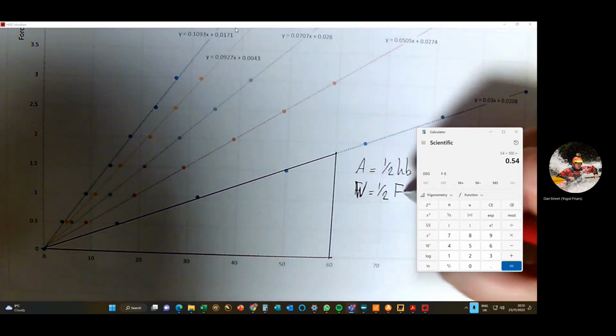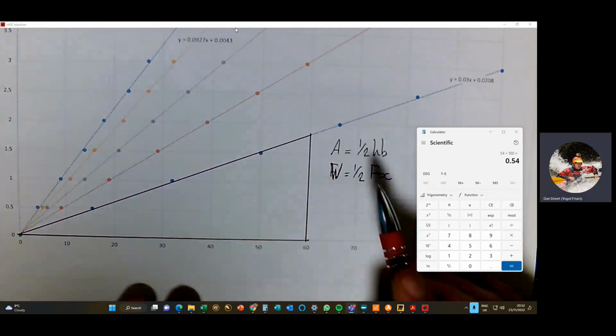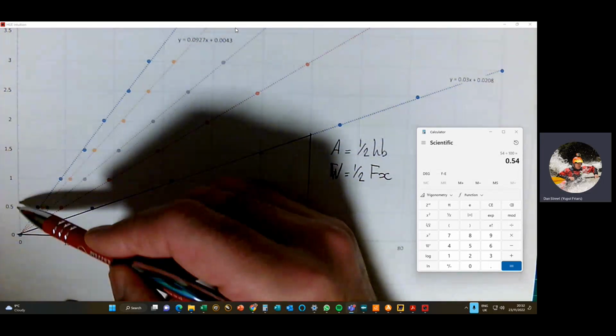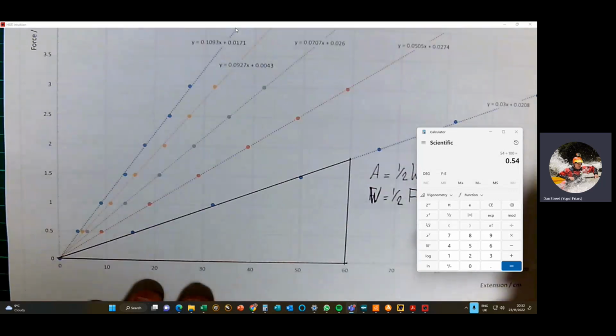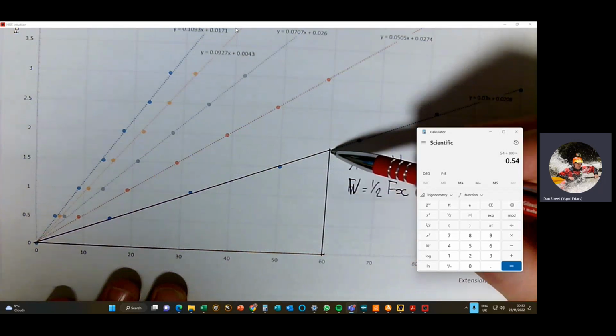Fx. So if we have a look at what that means, the F, force, is the value on this axis here. Remember, this is the force, and we need to know the value of the force represented by this line.